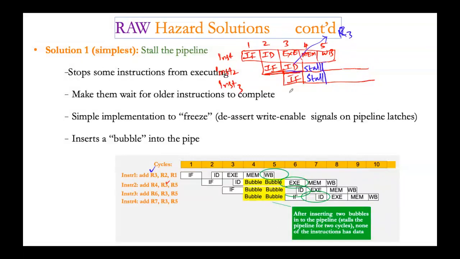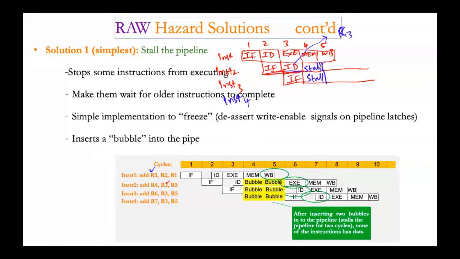Now what about the fourth instruction? Instruction 4 cannot enter the first stage of your pipeline execution, because instruction fetching is busy with instruction 3.